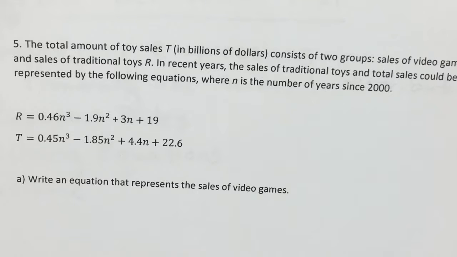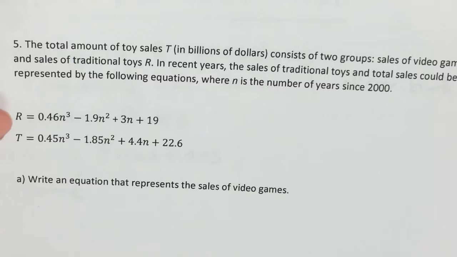It says the total amount of toy sales T in billions of dollars consists of 2 groups: sales of video games V and sales of traditional toys R. In recent years, the sales of traditional toys and total sales could be represented by the following equations, where N is the number of years since 2000.